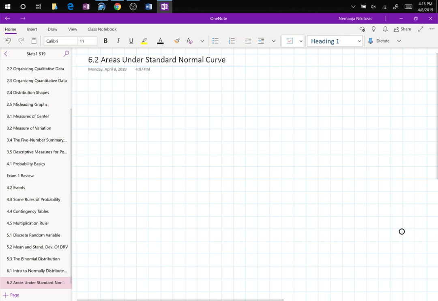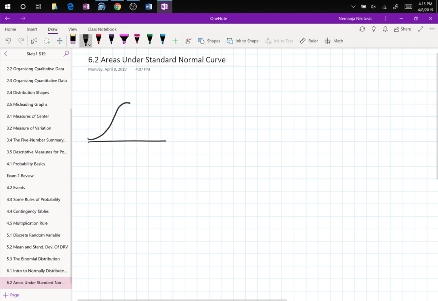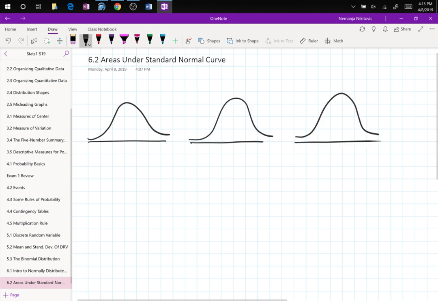So today we are going to look at 3 cases and learn to compute values. First case would be when you have a z-score and you look up area to the left.